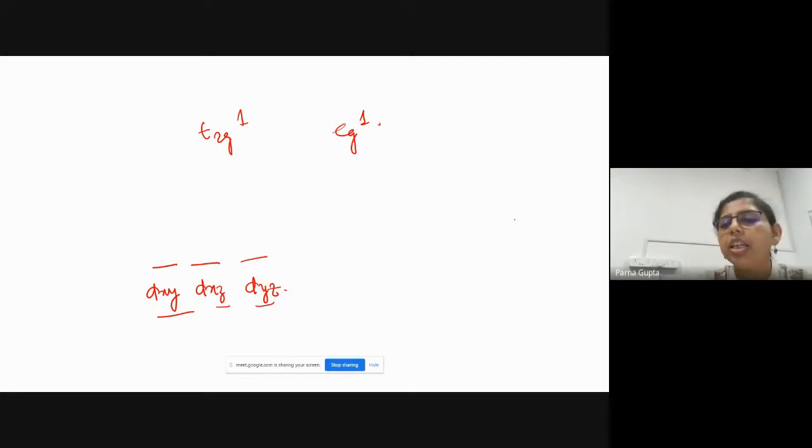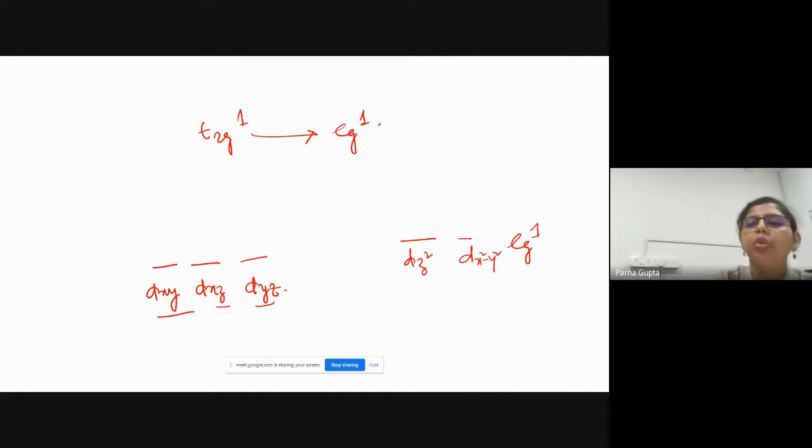And when it goes from t2g1 to eg1, then it could be at dz2 and it could be at dx2-y2. So you can say it in terms of Jahn-Teller distortion.